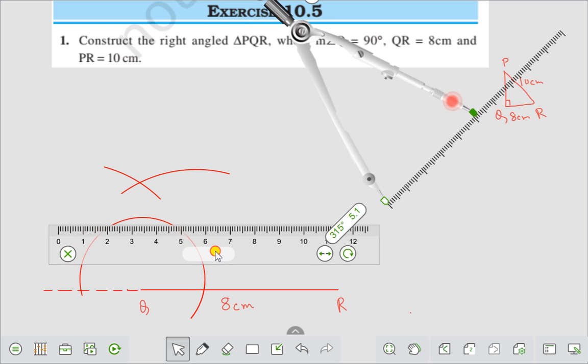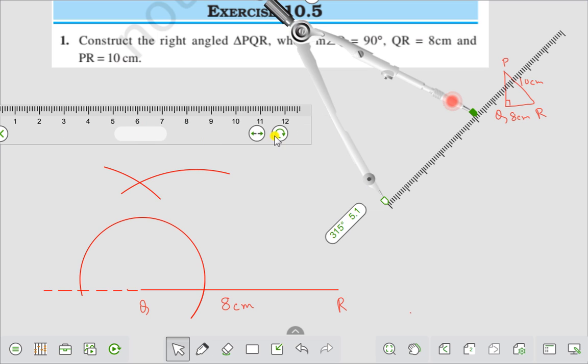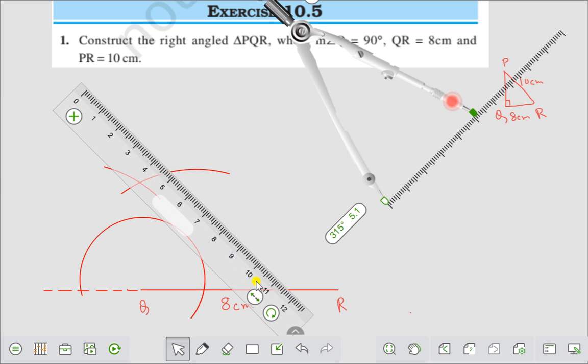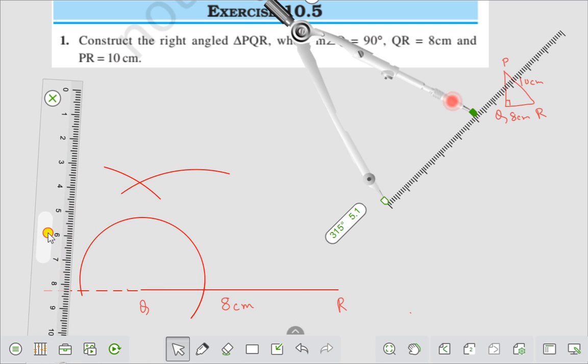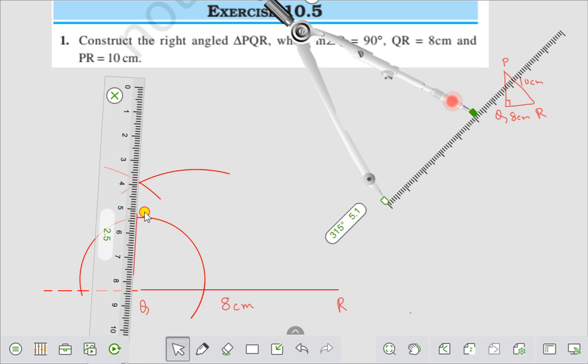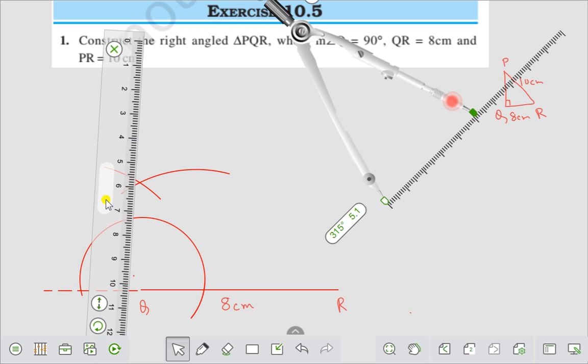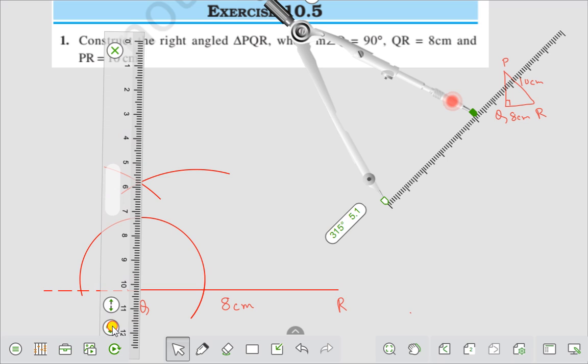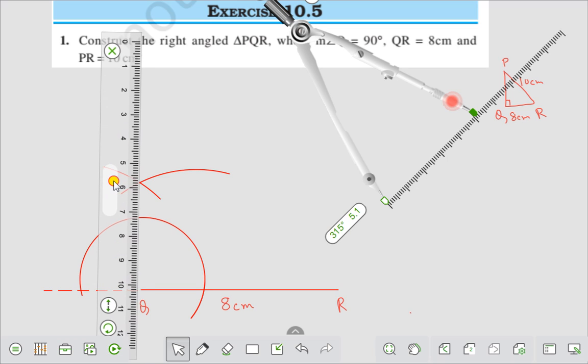Now with the help of the ruler or scale, draw the line, right?